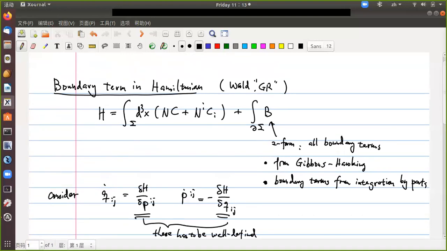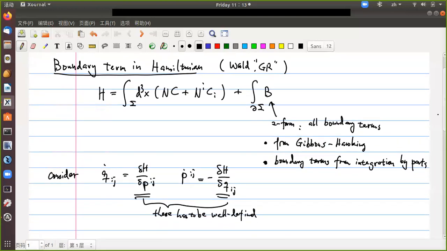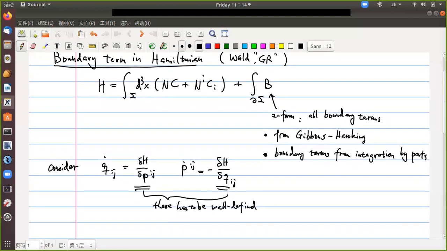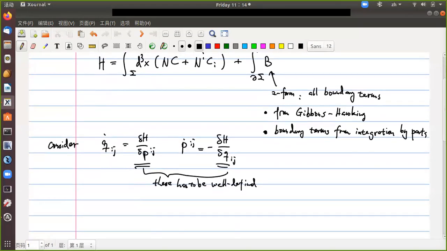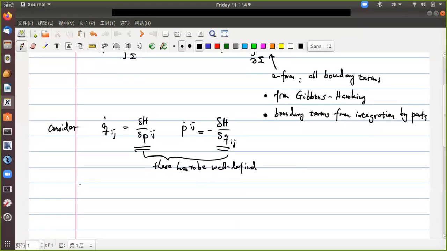The job of the Gibbons-Hawking boundary term is just to cancel the boundary terms coming from the variational principle. In the Hamiltonian formulation, this boundary term should do the same job. Otherwise your Hamilton's equation is not well defined anymore.